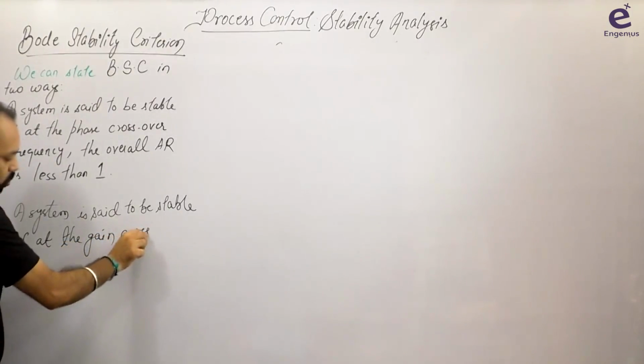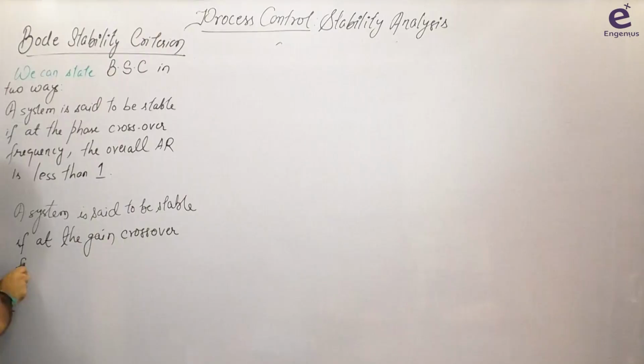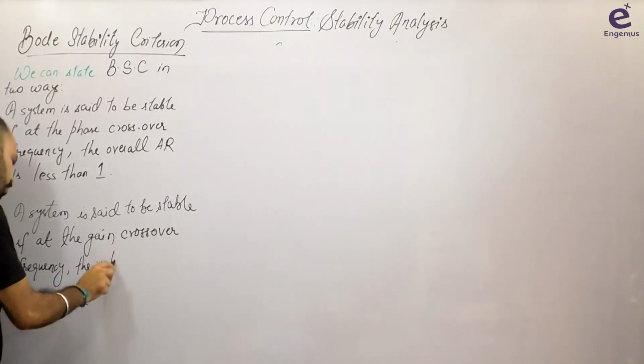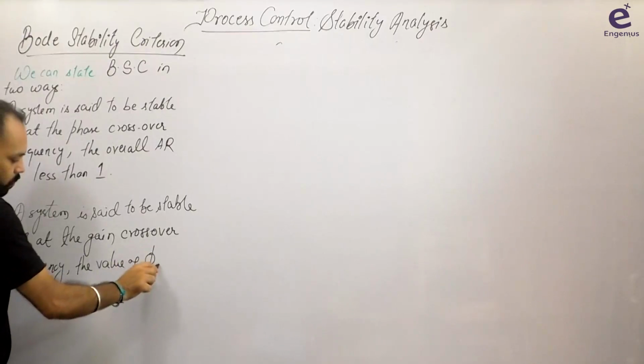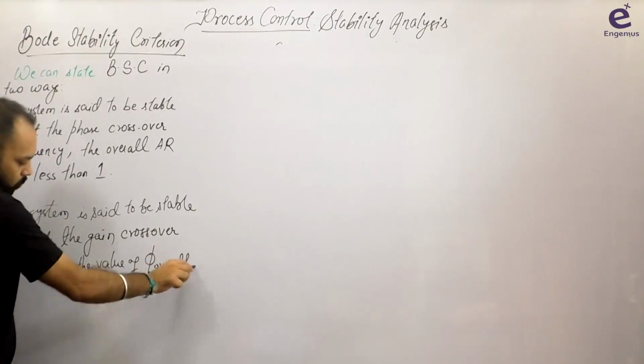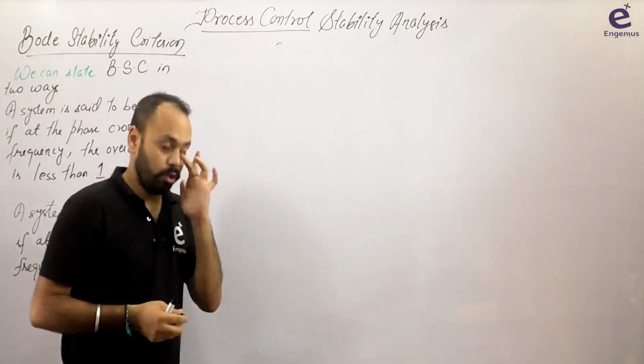If at the gain crossover frequency, meaning omega g, the value of phi overall is more than minus 180 degrees, including the sign.